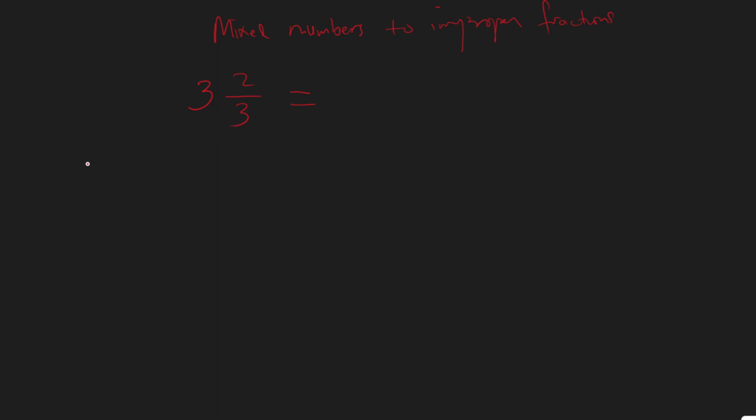Let me give you the steps here. Mixed number to improper fraction. Step number 1: multiply the denominator by the whole number. This is a whole number. Multiply the denominator here by the whole number.